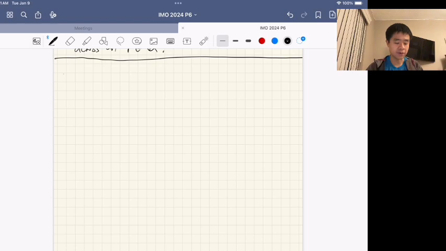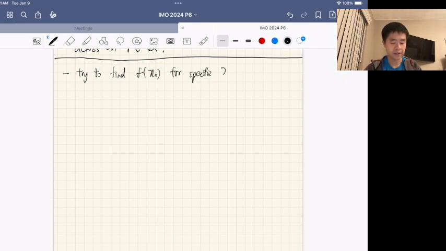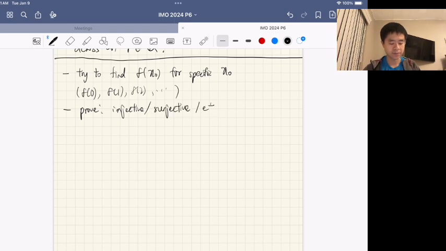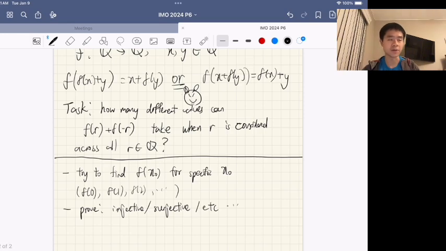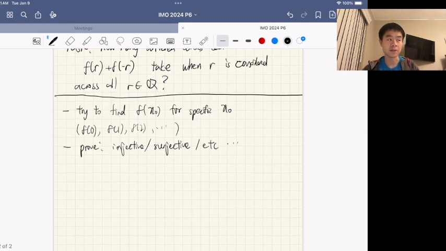Usually it involves trying to find f(x0) for specific x0, so things like f(0) or maybe f(1), f(2), etc. The other thing could be proving something like injective, surjective, etc. Having this or can make things complicated because you have so many cases, but we can still find something that is easier to handle.